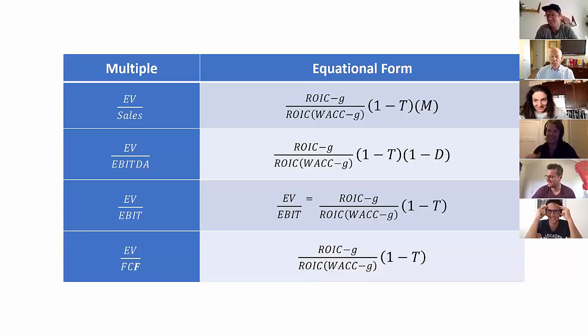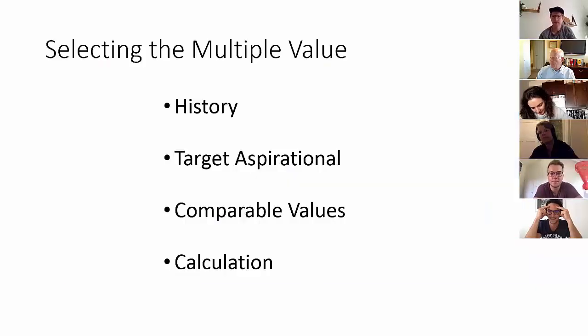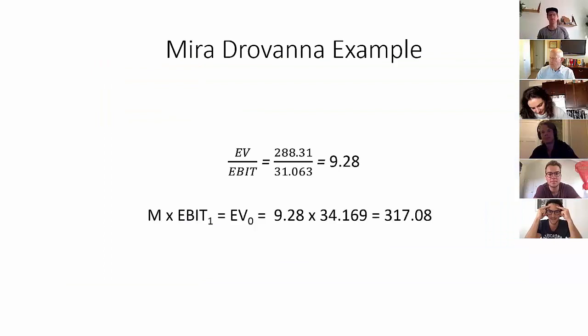Okay, so just like everything else, we're going to see this more than once. Let's actually look at some numbers on this thing. So for the Mira-Dravana example, if I take the company's enterprise value, as in its base year, divided by its EBIT for the base year, I get this multiple of 9.28.